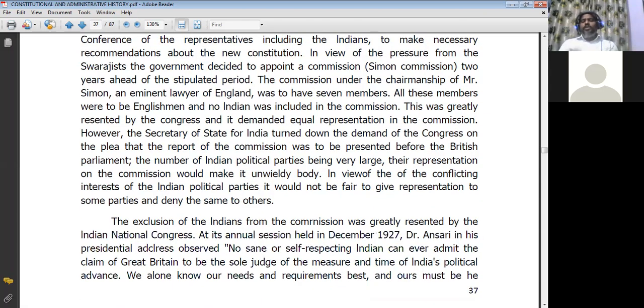Okay, so the exclusion of Indians from the commission was greatly resented by the Indian National Congress. At its annual session held in December 1927, Dr. Ansari, in his presidential address, observed, "No sane or self-respecting Indian can ever admit the claim of Great Britain to be the sole judge of the measure and time of India's political advance."